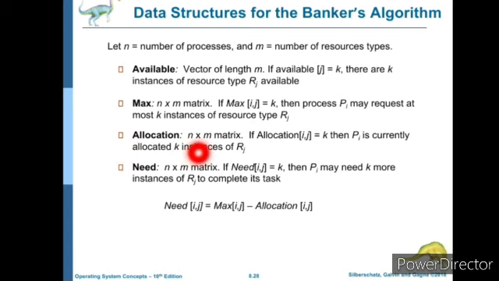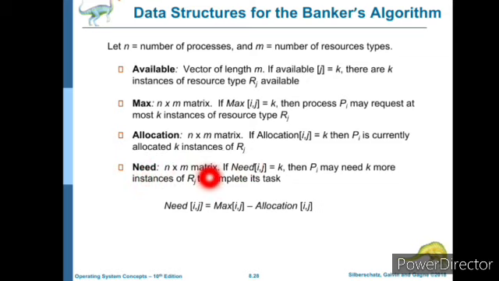Allocation is an n cross m matrix that indicates the number of resources of each type currently allocated to each process. If Allocation[i][j] equals k, then Pi is currently allocated k instances of resource type Rj.